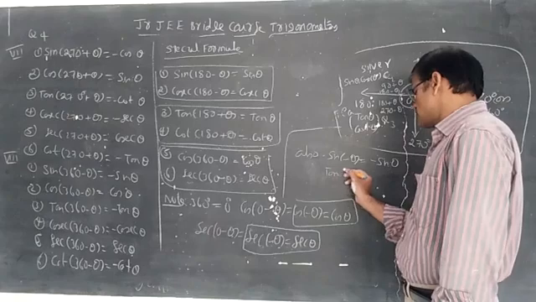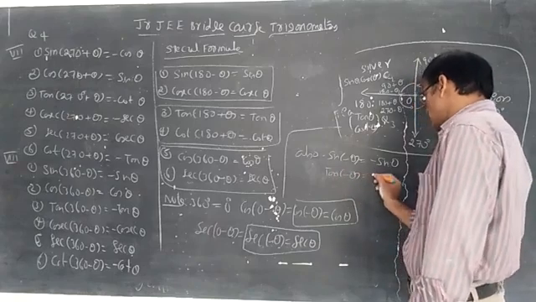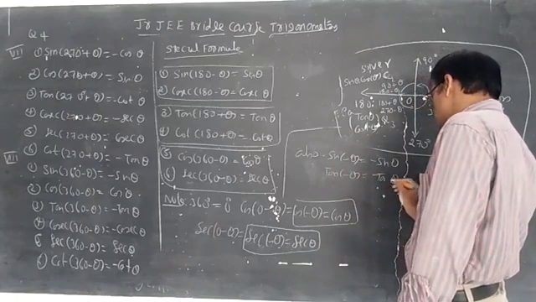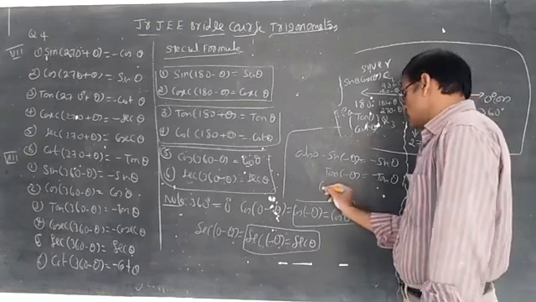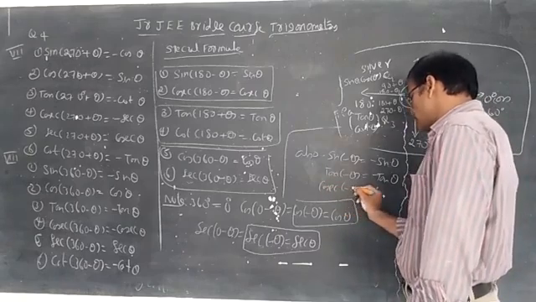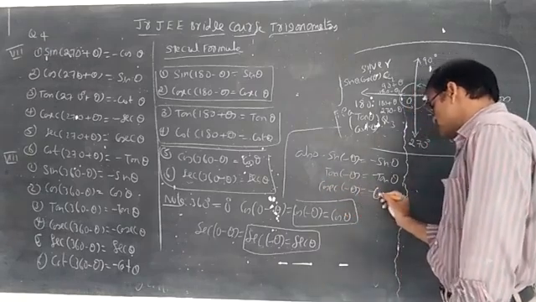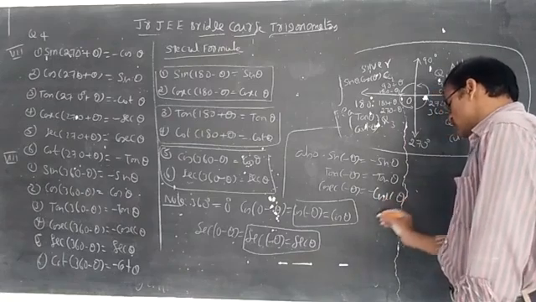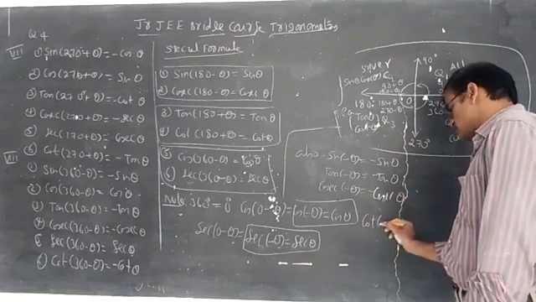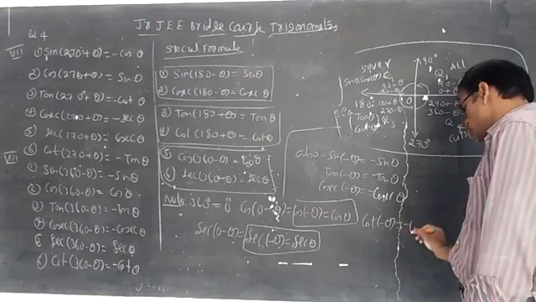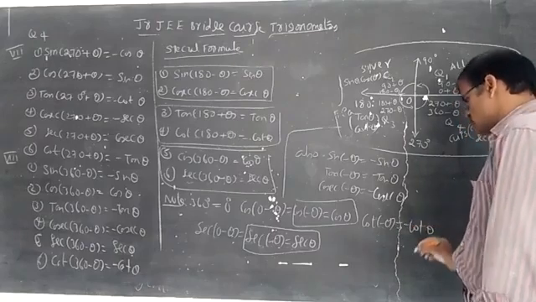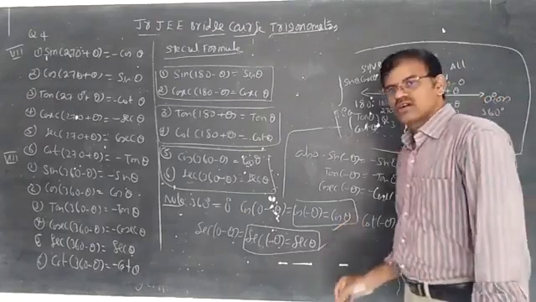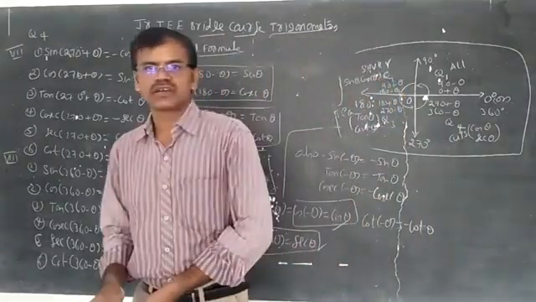Tan of minus theta is equal to minus tan theta. In the similar way, cosecant of minus theta is equal to minus cosecant theta, and cot of minus theta is also minus cot theta. The special ones are only cos theta and secant theta.